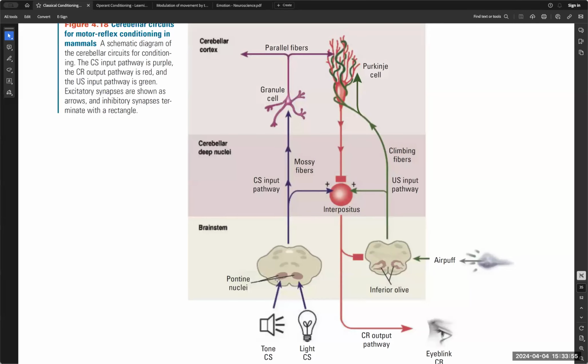Initially, this part of the pathway after learning, from the cerebellar cortex, becomes degraded and it becomes more automatic. From the pontine nuclei to the interpositus, with integration of the inferior olive input as well, which is the US. We don't need that at this point. So basically from the pontine nuclei directly to the CR output pathway. This is what happens there.